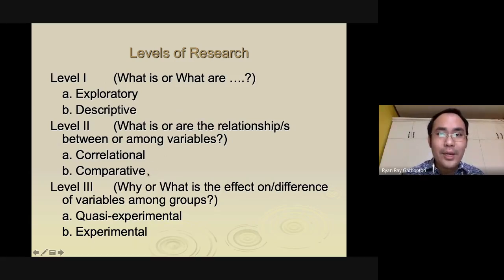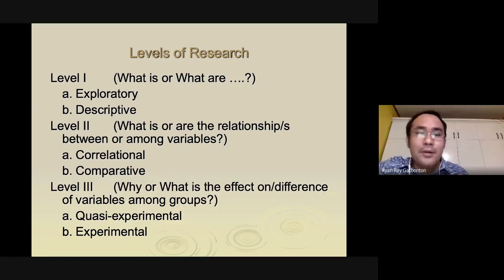But if you do a research to compare the results of groups or to compare two sets of results, then it is a comparative research. Okay? Correlational and comparative researches are level 2 researches. All right?